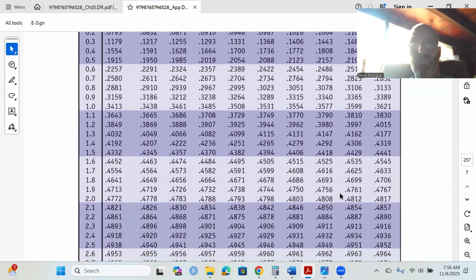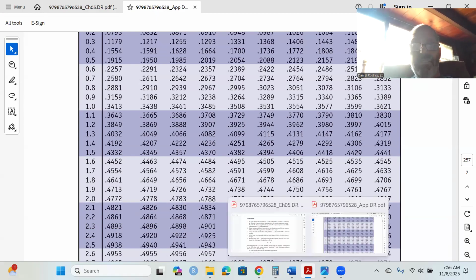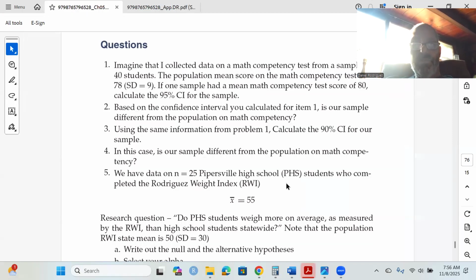I look for 0.45 here, and I'm somewhere between 0.4495 and 0.4505. So I'm at around 1.645, right? Because it's between 4 and 5. You'll see people write 1.64, 1.6, whatever.